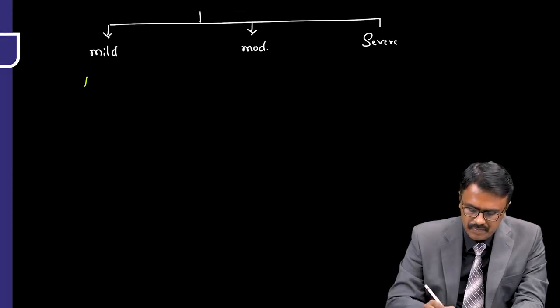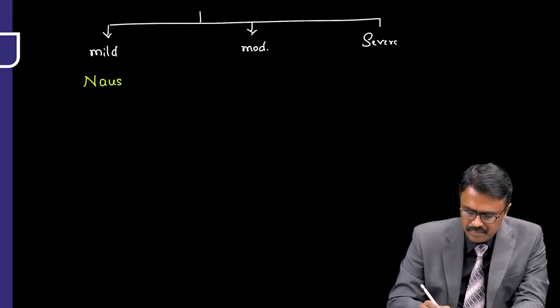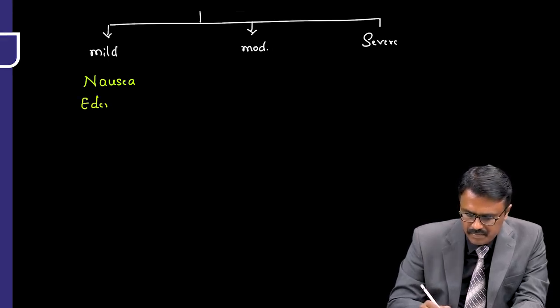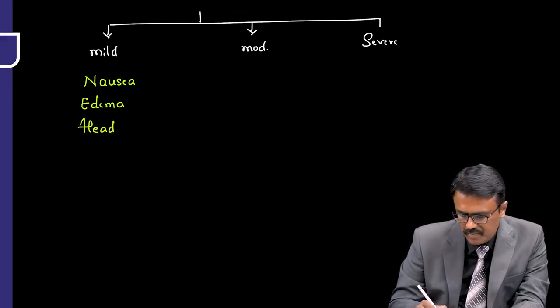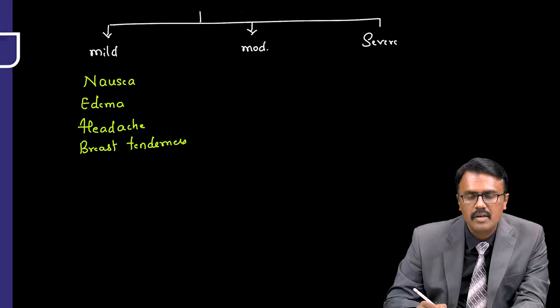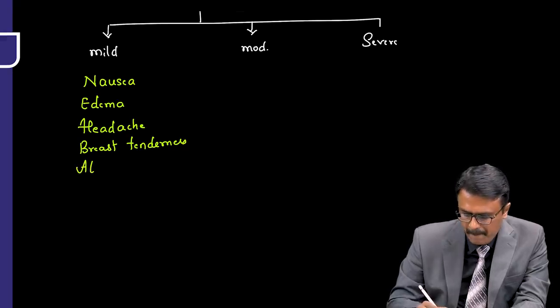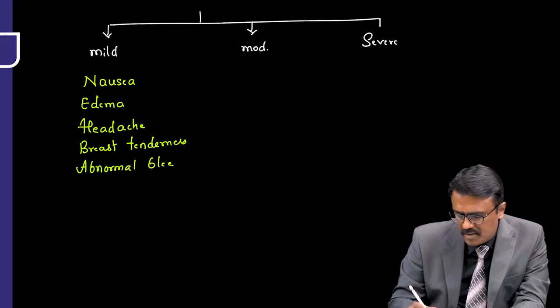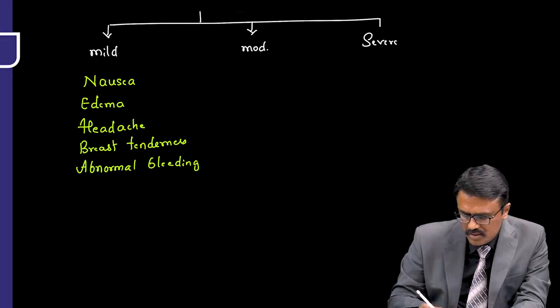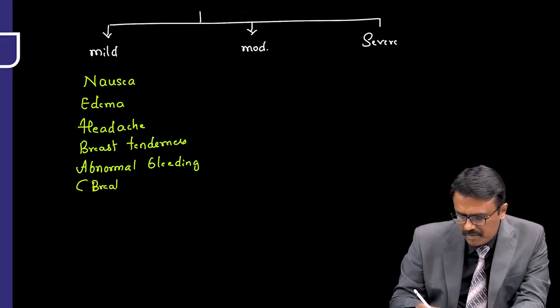Patient may develop nausea, edema, then headache, then breast tenderness, then abnormal bleeding. Abnormal bleeding means the breakthrough bleeding. So there is breakthrough bleeding.